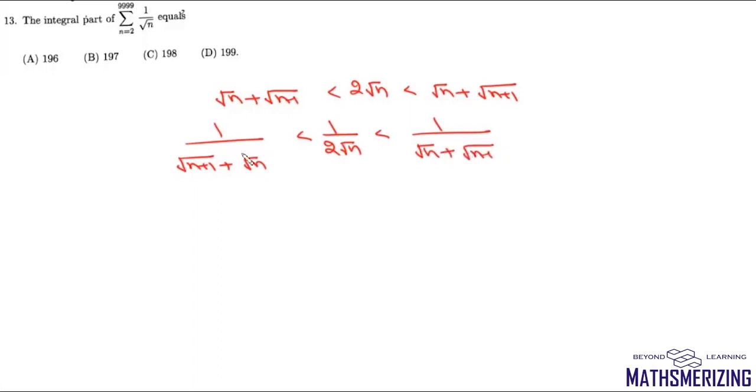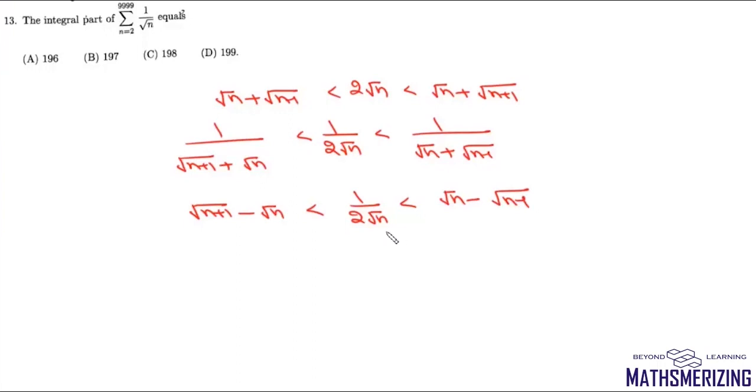Now we'll multiply with the conjugate. We can write under root n plus 1 minus under root n is less than 1 upon 2 root n, and it is less than under root n minus under root n minus 1.